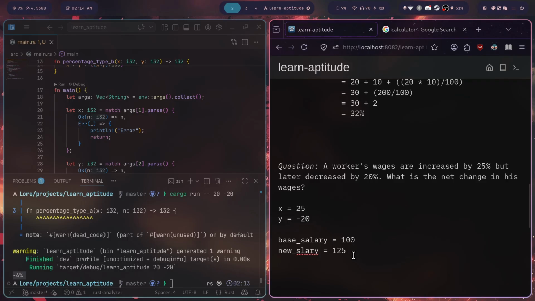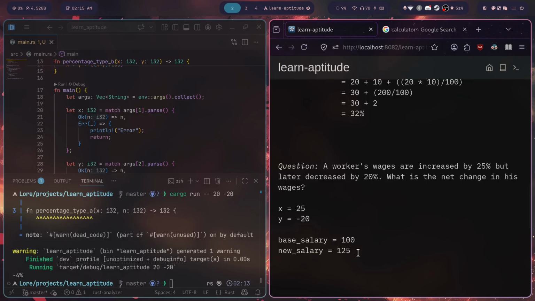It should be 25. Net change will be 100, huh? That is weird. This function didn't work, huh? Okay, no worries. We will still figure it out.